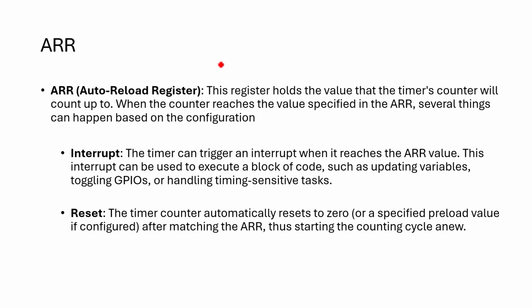This is a user programmable register which holds the value that the timer's counter will count up to. When the counter reaches the value specified in the ARR, several things can happen based on the configuration. The timer can issue an interrupt when it reaches the ARR value.